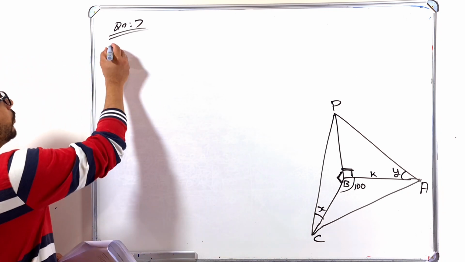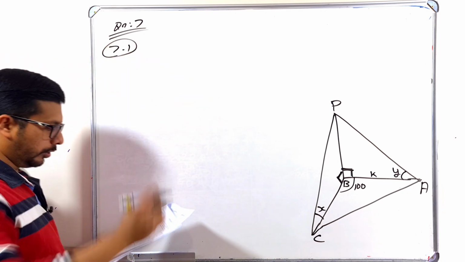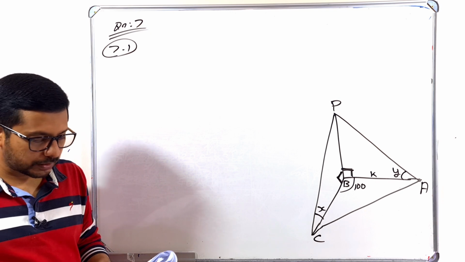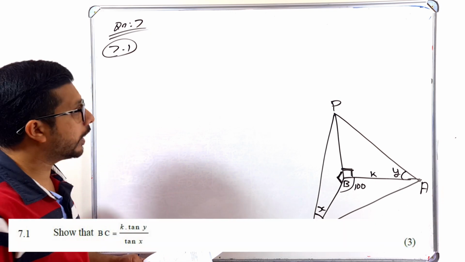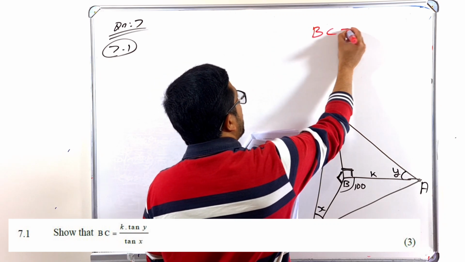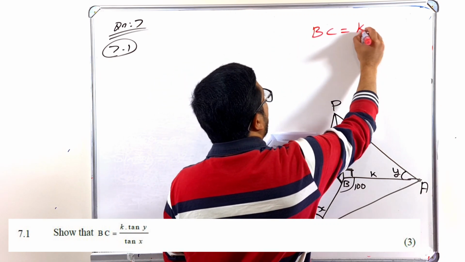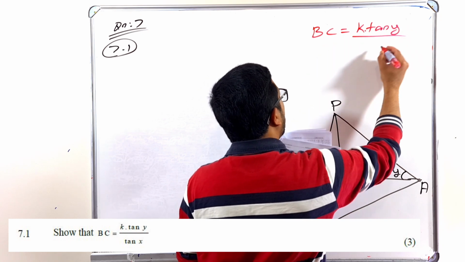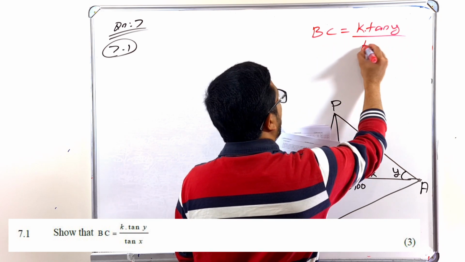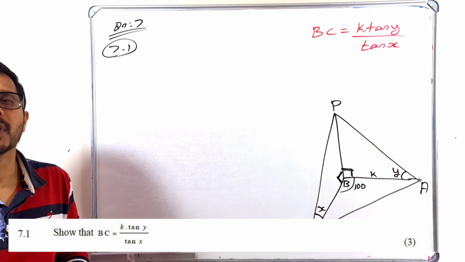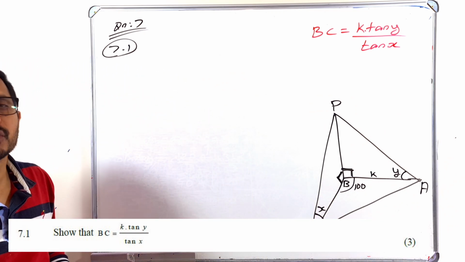Now what is the first question? Question number 7.1: show that BC is equal to K tan Y divided by tan X. So what do you want to show? It's a simple question. You just want to understand what you want to find.